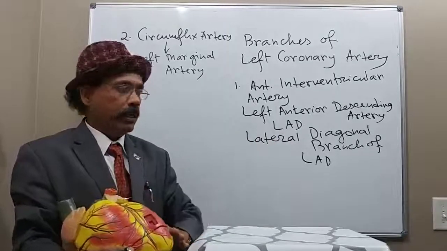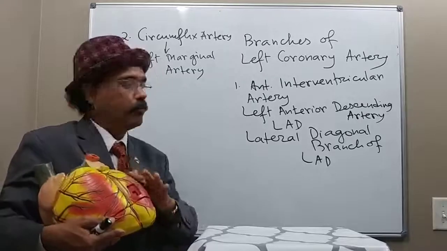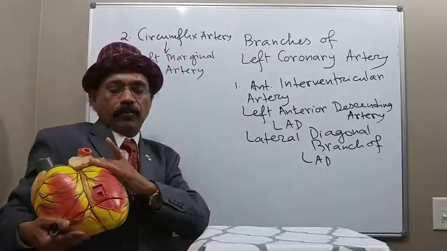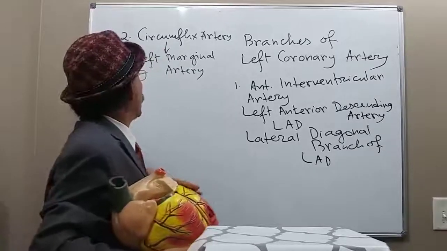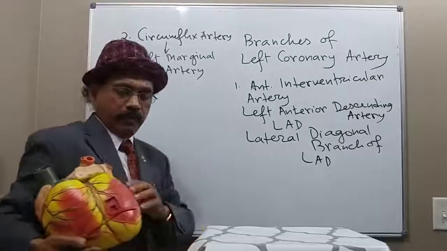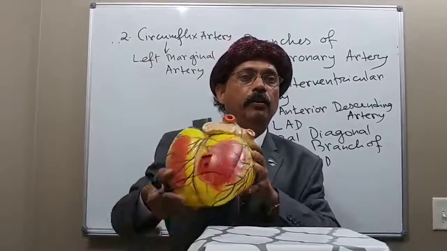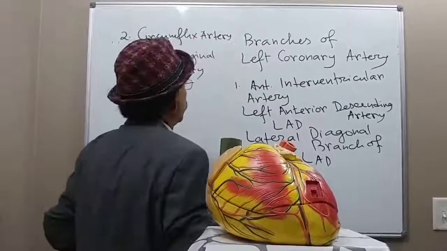It usually goes laterally, diagonally. It is not very well shown in this model. Second branch is the circumflex artery that encircles the left margin of the heart, the upper part of the left ventricle, and it has a branch we call the left marginal artery. Okay, we got the branches of the left coronary artery.